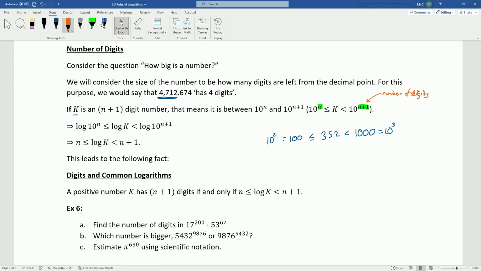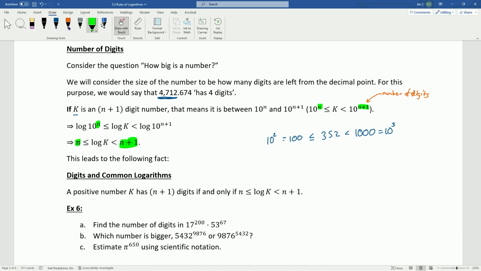This exponent on this upper bound, 10 to the n plus 1, that happens to be the same as the number of digits for k. So then if I take log base 10 of this inequality, I get log base 10 of 10 to the n is less than or equal to log base 10 of k, which is less than log base 10 of 10 to the n plus 1. And what do we know? Log base 10 of 10 to the n is n, and log base 10 of 10 to the n plus 1 is n plus 1.